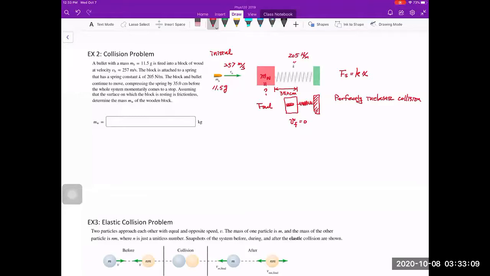Are there any external forces acting on the object at all? So let's look at the conservation of momentum first and see if we can find a conservation of momentum in this case and look at what happened.